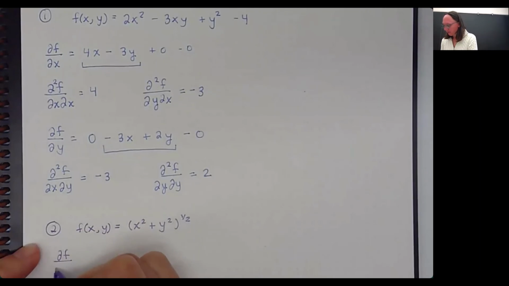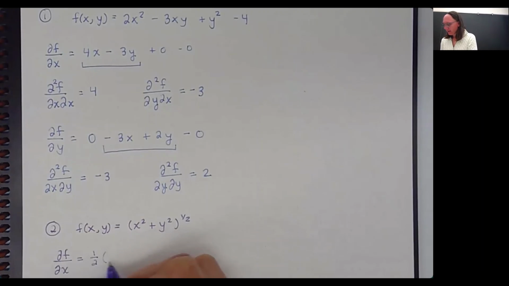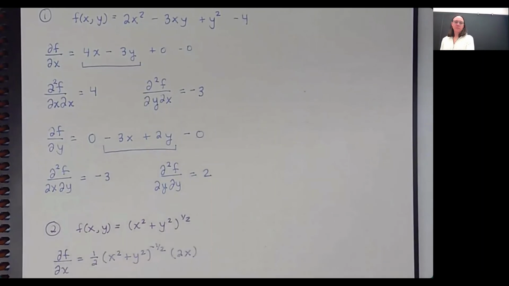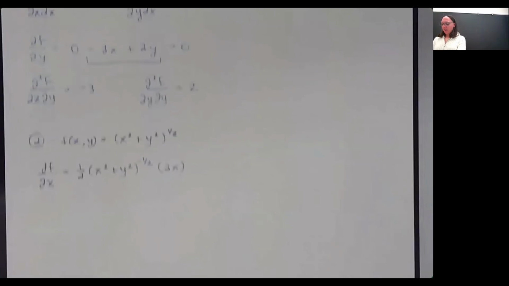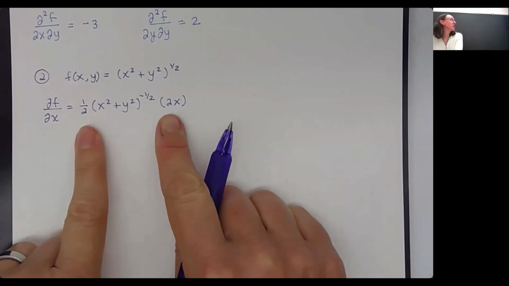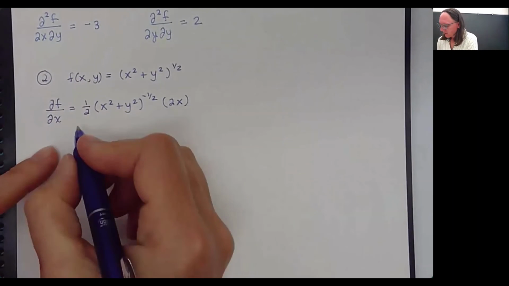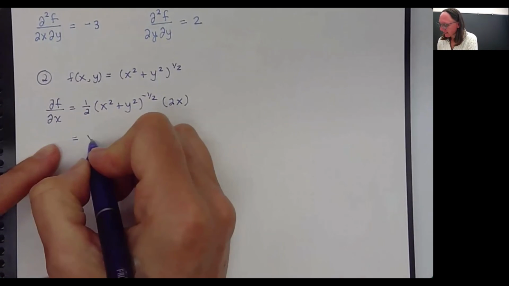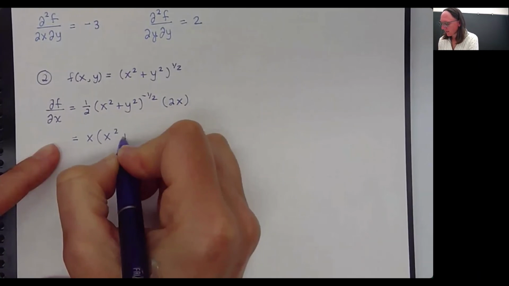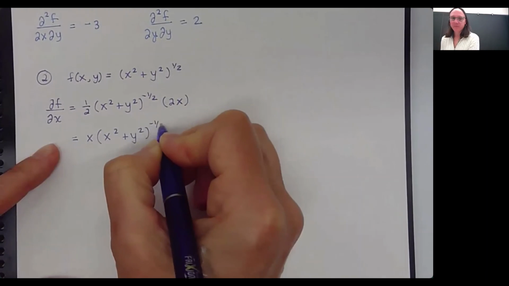So if I take the partial of f with respect to x, I'd have 1/2 times x squared plus y squared to the -1/2 times 2x. If I'm going to take another derivative of that, I'm going to multiply the 1/2 times the 2 and get rid of it. So that's the same as x times x squared plus y squared to the -1/2.